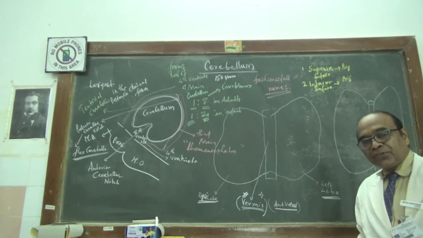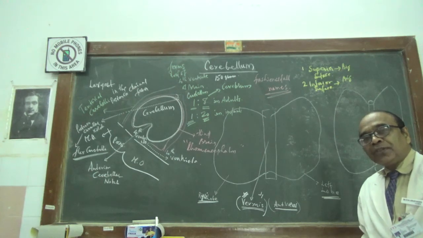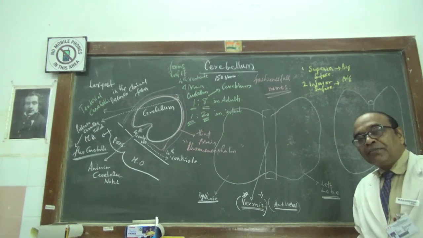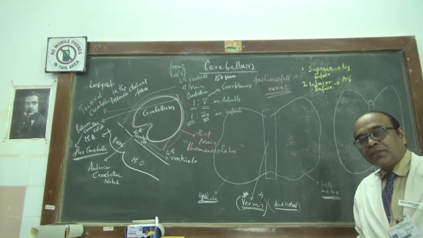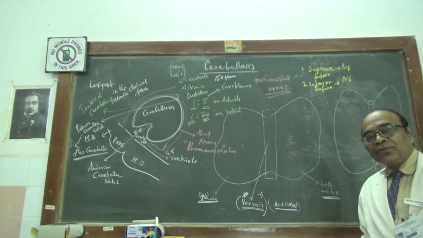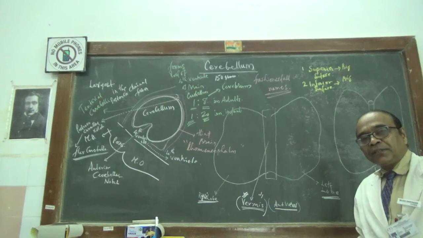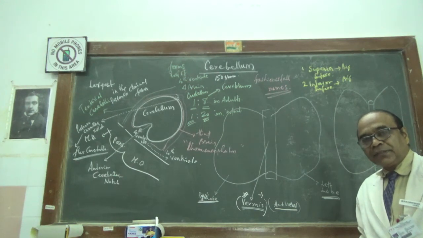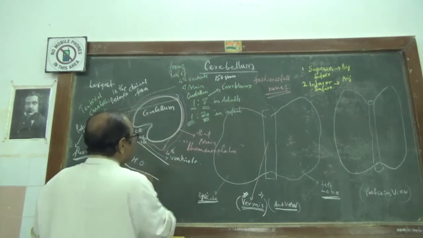It is related to the fossa for the lobes of the cerebellum to lodge, and it is covered by the endosteal layer of the dura mater, the meningeal layer of the dura mater, arachnoid mater and pia mater. So all of this covers it.